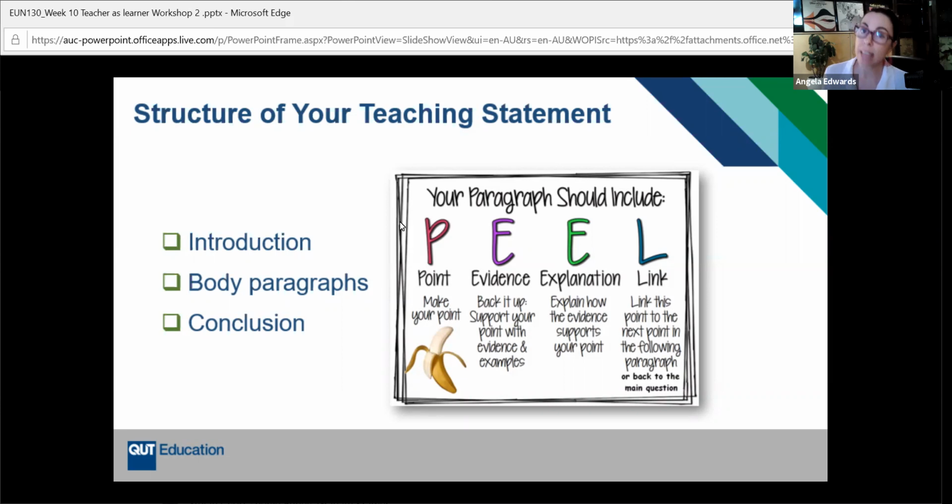So providing examples, providing strategies and explanations from your professional experience and the 3 domains of teaching. So how would you put these beliefs into practice?